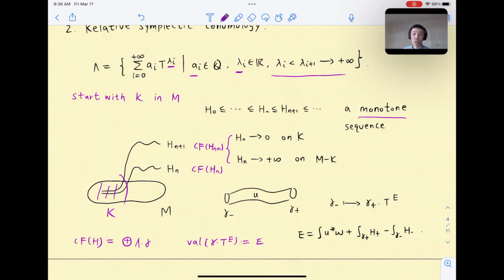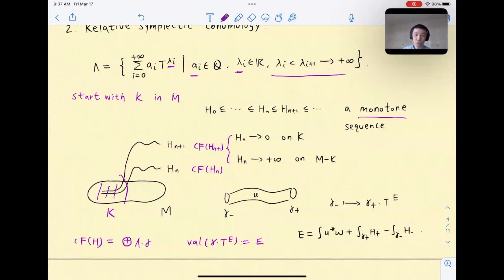In other words, in this setting, the generator, the periodic orbit, doesn't carry any action or valuation, or the valuation is 0. All the valuation is coming from the coefficient field.